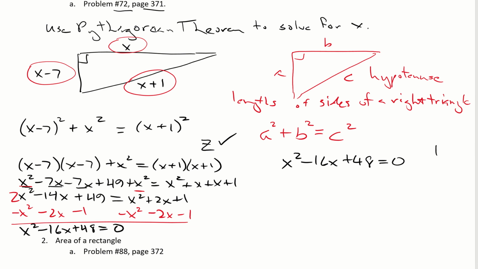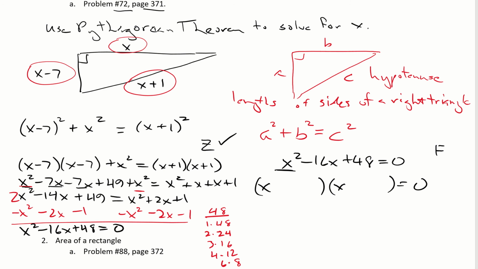What's the next thing? Factor. It's a trinomial, so I'm getting ready to factor it. It starts with x squared, so it's one of the easier types. We just have to look at the factors of 48. There's a ton of them: 1 times 48, 2 times 24, 3 times 16, 4 times 12, 6 times 8.